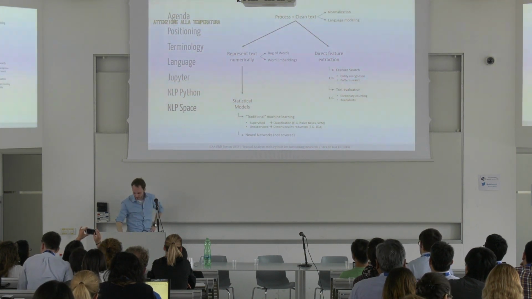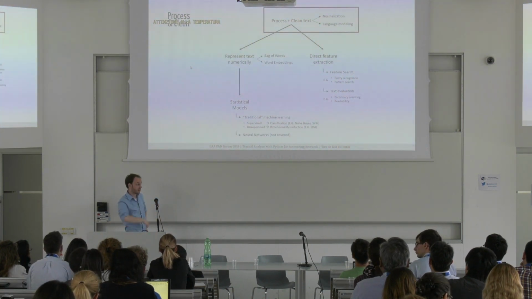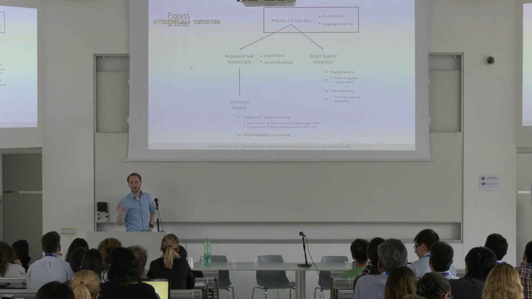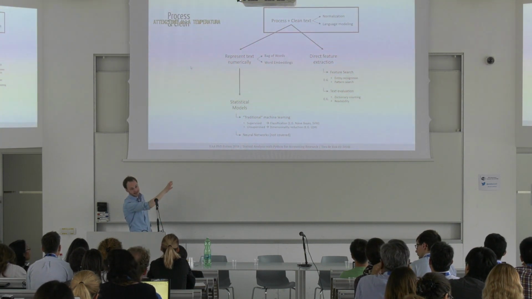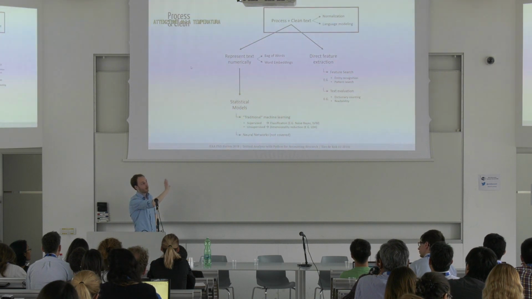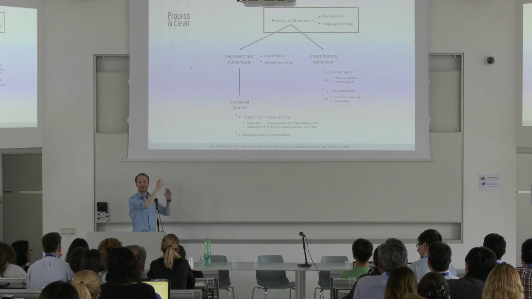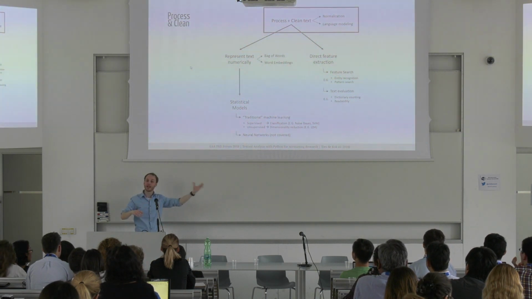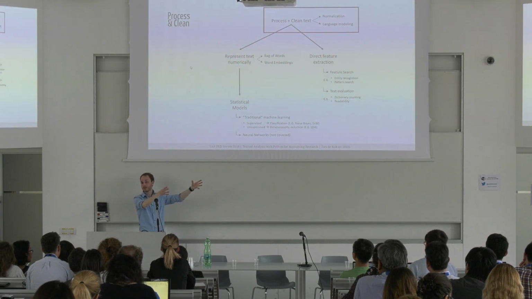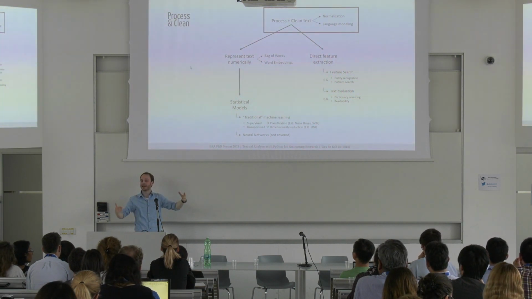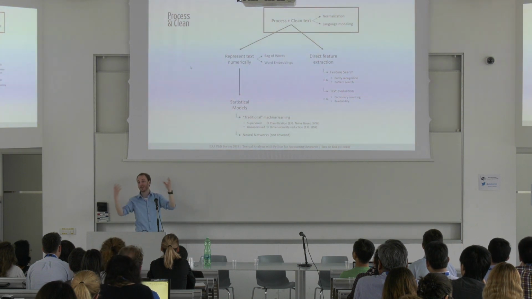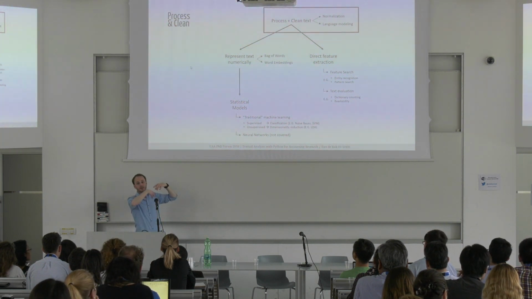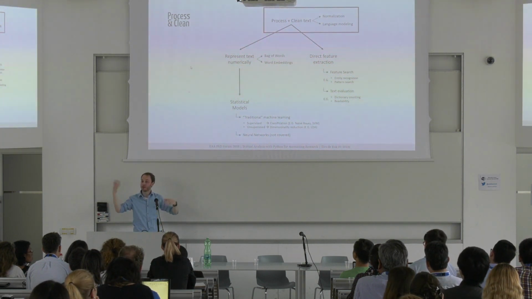So the first part, and this is one of the most important parts, and it's also the part I'm not going to talk about, is the processing and cleaning step. The processing and cleaning step is the part where you load your data in, and it's completely as is, and you somehow need to clean it up to get rid of data errors, to get rid of inconsistencies, to get rid of stuff that makes it hard to compare one document to another document.